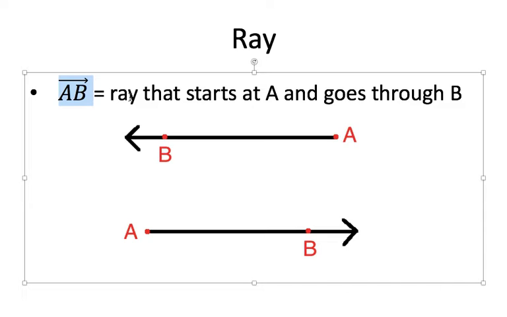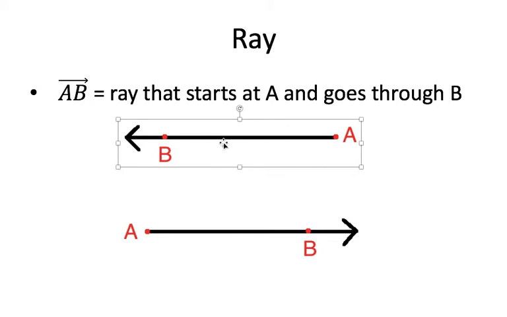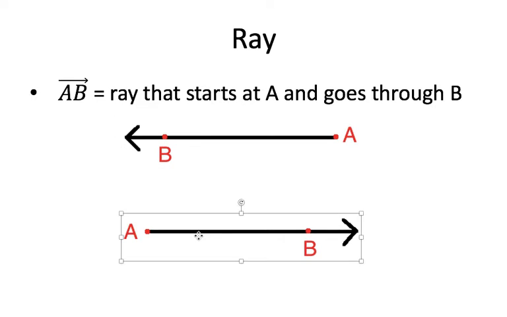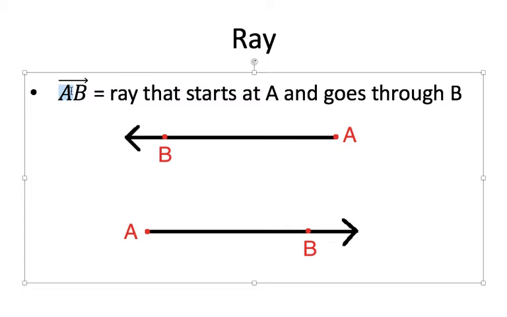So here it actually does matter which letter you write first. You would write the endpoint first, and then the other letter can be any other point on that ray that is not the endpoint. Okay, so this ray right here would be ray AB. This would also be ray AB. The first letter you write here is the endpoint.